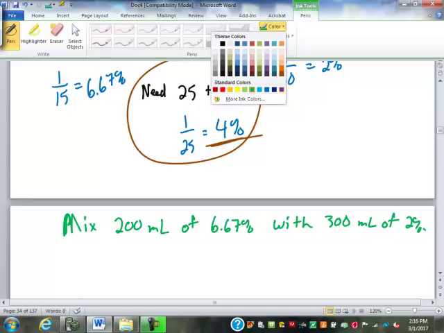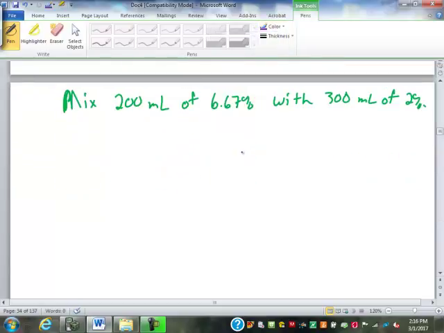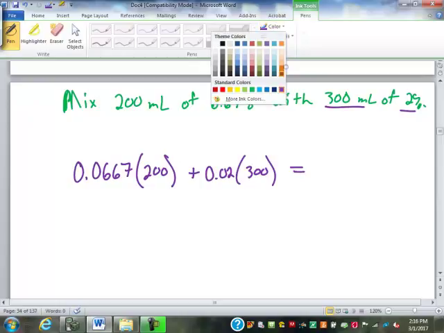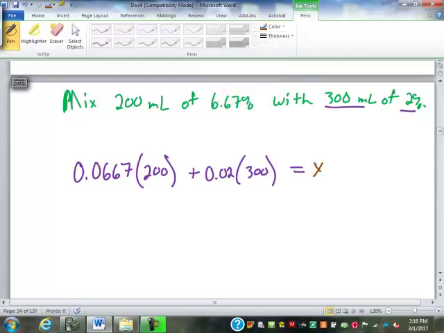So the equation for mixing those is going to look like this. The 6.67% is going to be 0.0667 times the volume of that, 200 milliliters. And what we are adding to that is the 300 milliliters of the 2%. So 2% is 0.02 times 300 milliliters is the amount of oil in that one. And we need to find what that concentration would be if we mix it. So x is going to be our percent here.